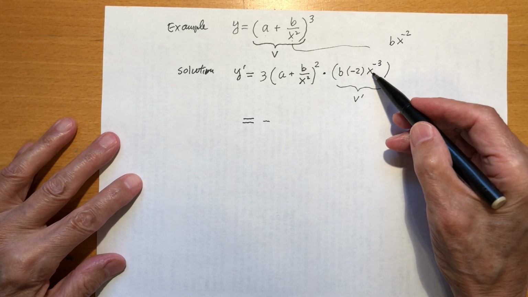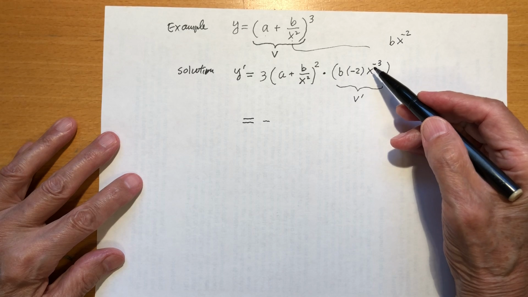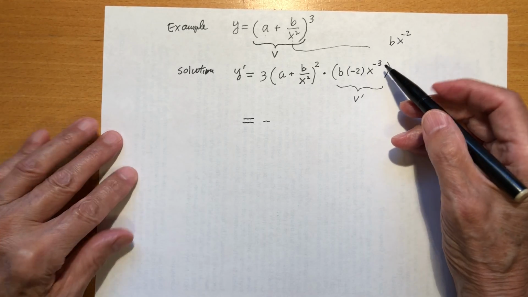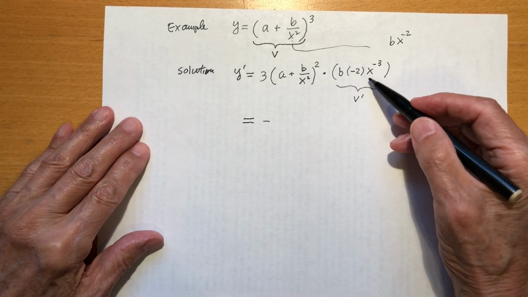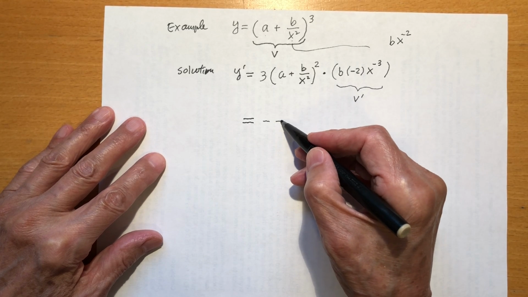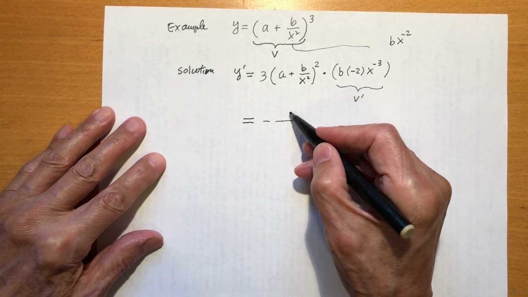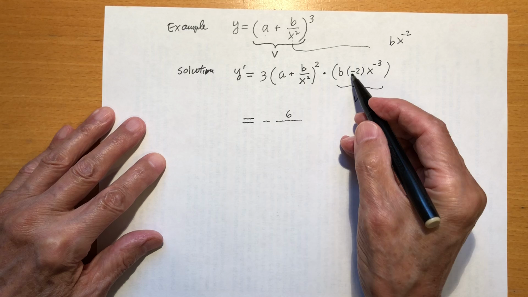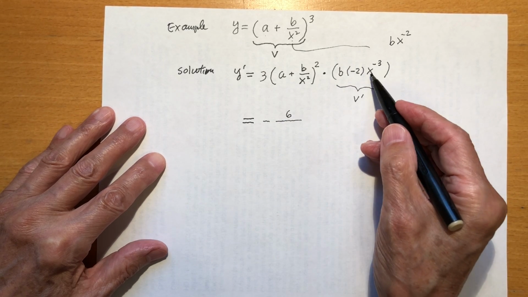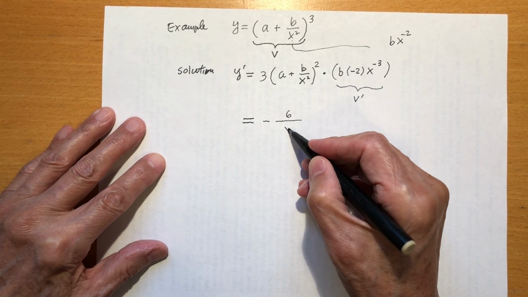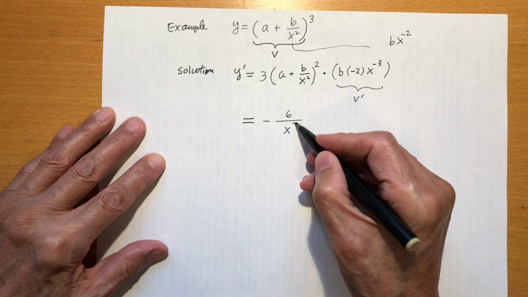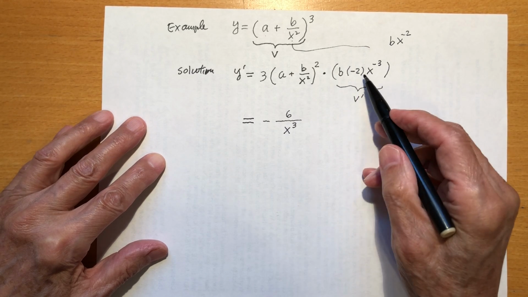Let's see. I have x to the power negative 3. Therefore, this negative exponent is in the denominator. So I have 2 times 3 is 6 with a negative sign, and I have x to the power 3 in the denominator.